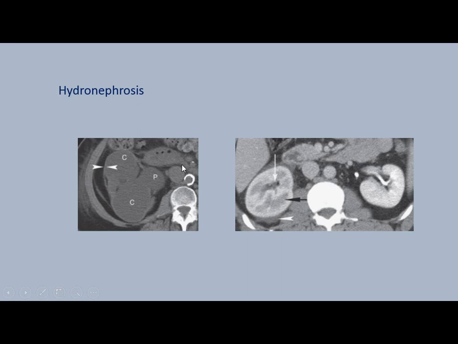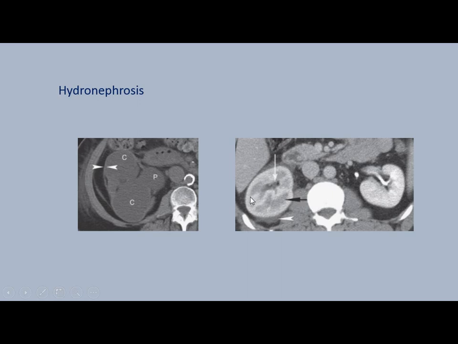Regarding hydronephrosis, as we see, if there is obstruction or some previous insult, there is hydronephrosis, meaning dilatation of the pelvis and calyceal system. Here this points to the calyces, which are dilated with a thin remaining soft tissue cortical rim.